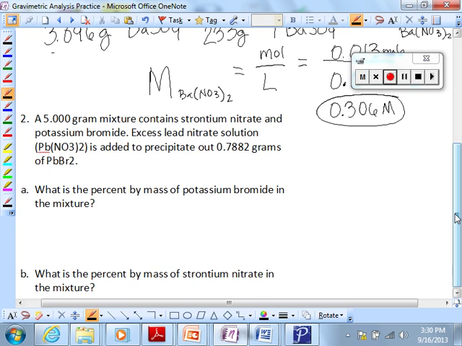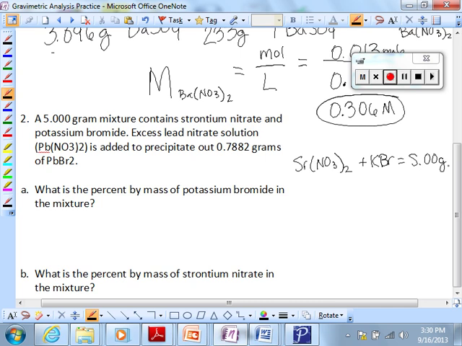We've seen them a lot here in this section. So we don't know how much strontium nitrate or how much potassium bromide. All we know is that strontium nitrate and potassium bromide are going to equal 5 grams if I added their masses together. But that's all I know at this point.